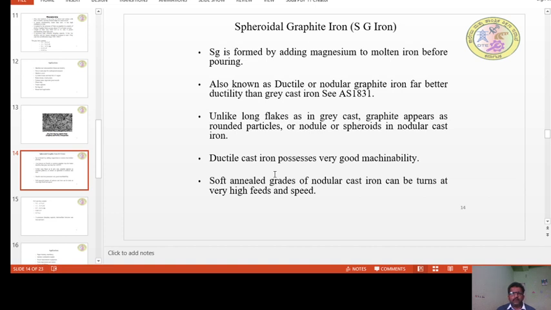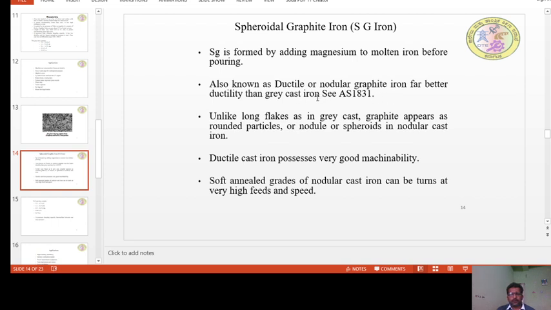The SG iron is formed by adding magnesium to the molten iron before pouring. When you add magnesium to molten metal before putting it into the mold, it results in the formation of graphite spheroids, also known as ductile or nodular graphite iron, for better ductility than the gray cast iron.